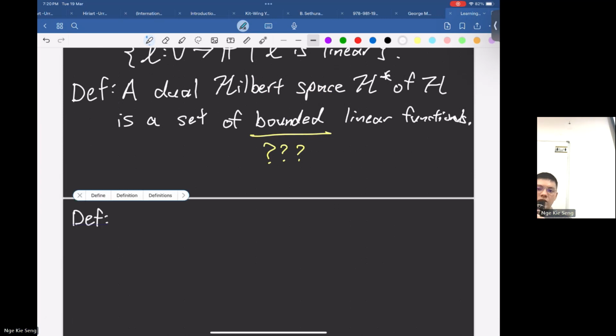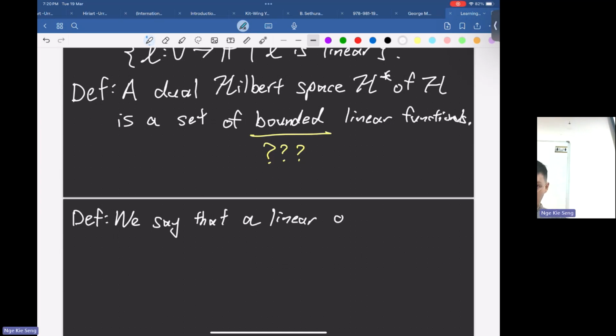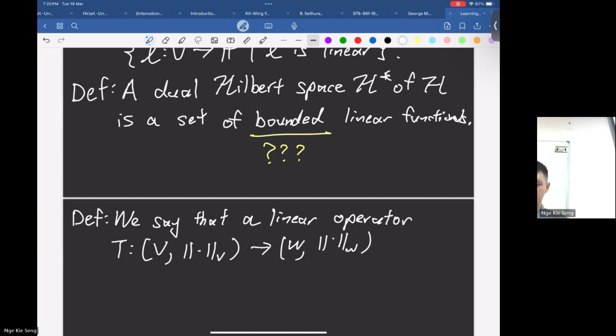So we say that a linear operator T from a normed space to another normed space. Recall that if I give you an inner product space, you can make the inner product space into a normed space, and then you can make it into a metric space.